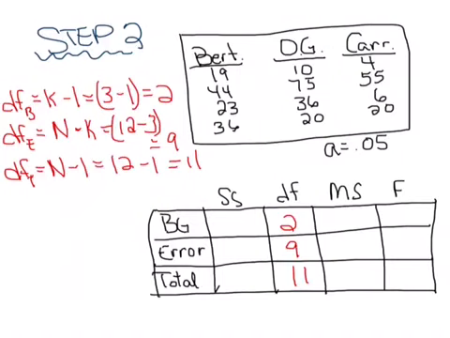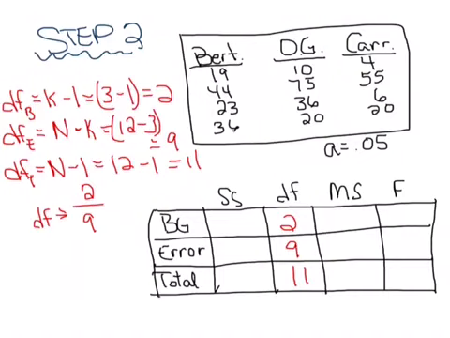Now we need to look up our critical value, and we're going to use the F distribution table on page 483, using the between groups as the numerator. Think of it this way: the degrees of freedom we use is 2 over 9, numerator, denominator.